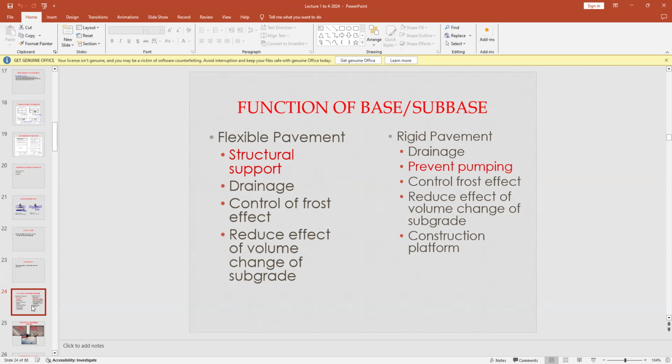Whenever it breaks, it creates a thaw effect that can break the pavement.